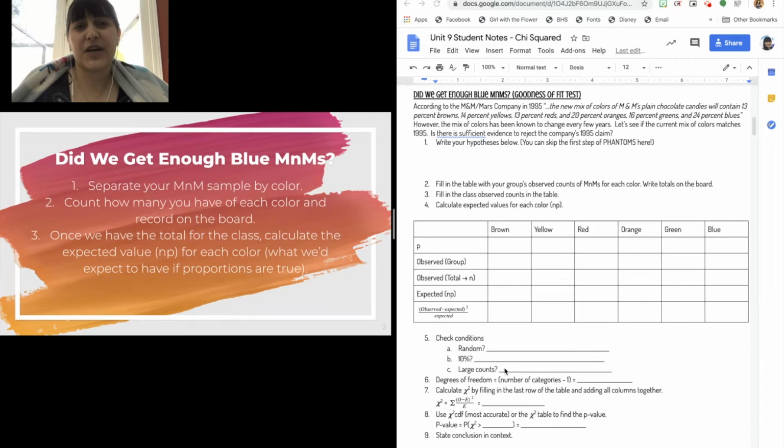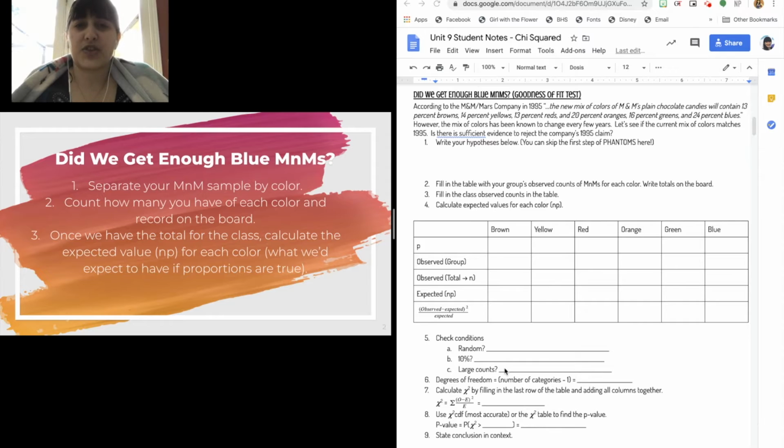It allows us to compare lots of categories at once and figure out if one category is different than the others, or if maybe one category is different than what was advertised, right? Maybe the company tells you there's a certain distribution of colors, but we want to see if it's less or more or different than what the company says, right?